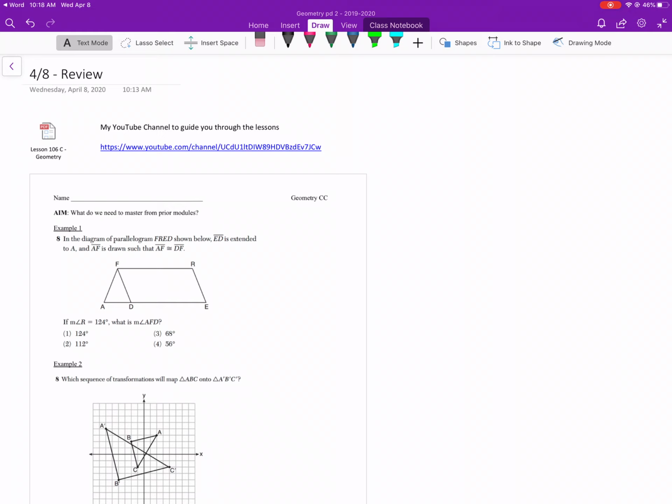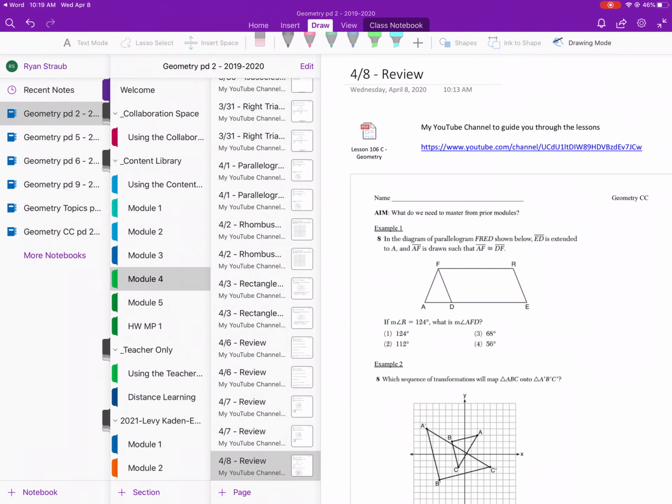You might see some check marks, like, great, I got this one right. This one I didn't, so what do I have to correct? You're just making the corrections, making sure you have the correct work. And as always, if you have questions, please let me know and we'll straighten anything out.